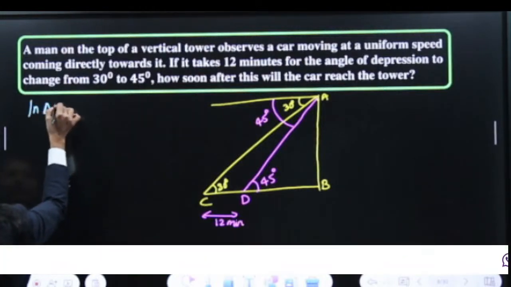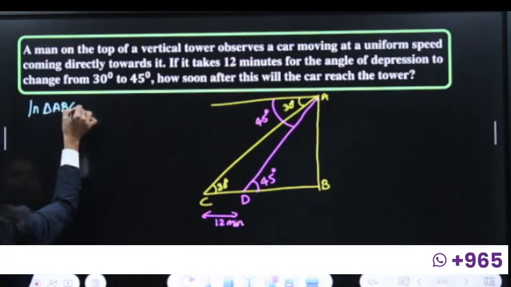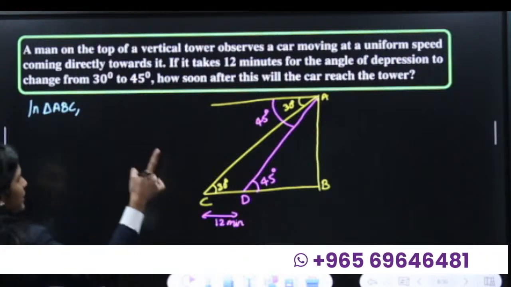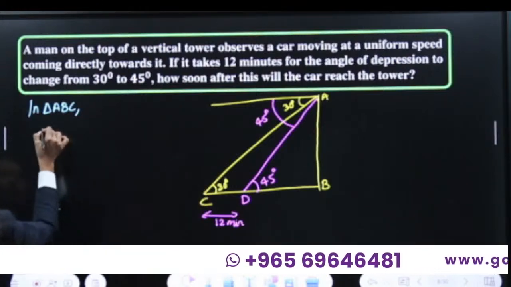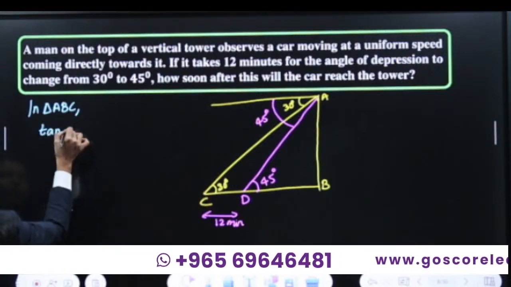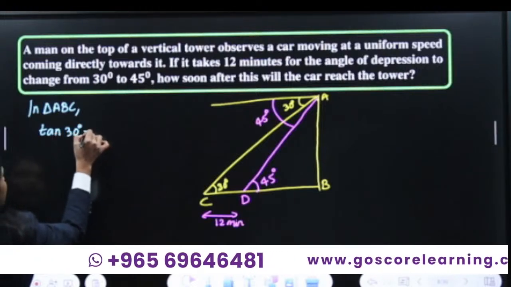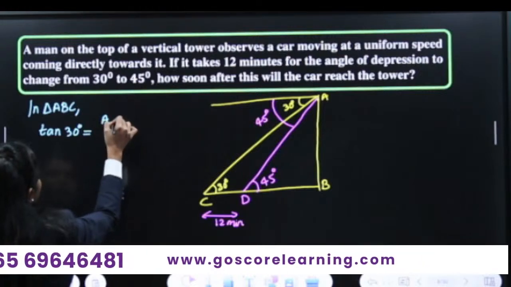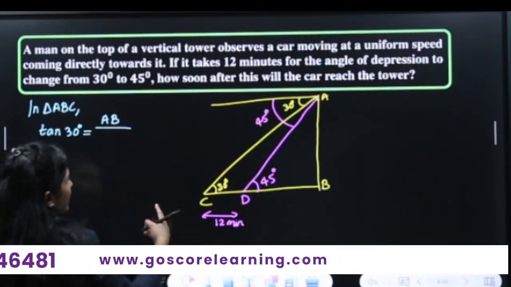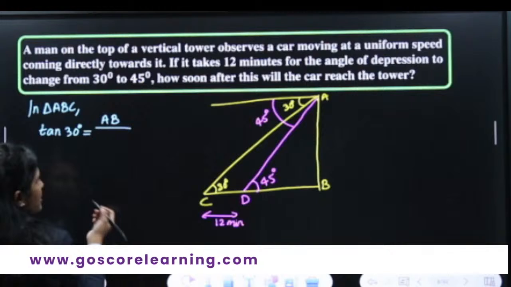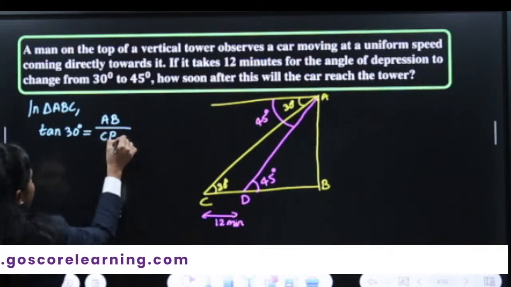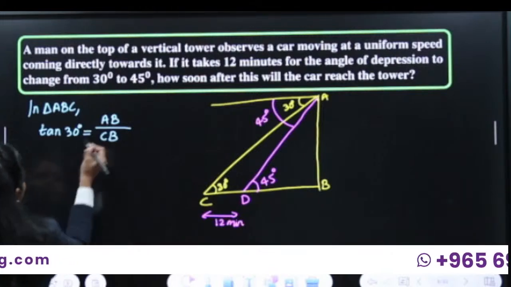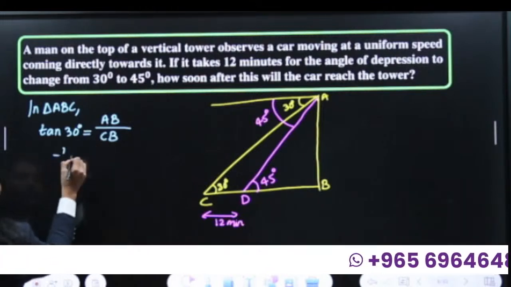In triangle ABC, tan 30 is equal to opposite side AB divided by adjacent side CB. Simple. Now, what is tan 30? It is 1 by root 3.